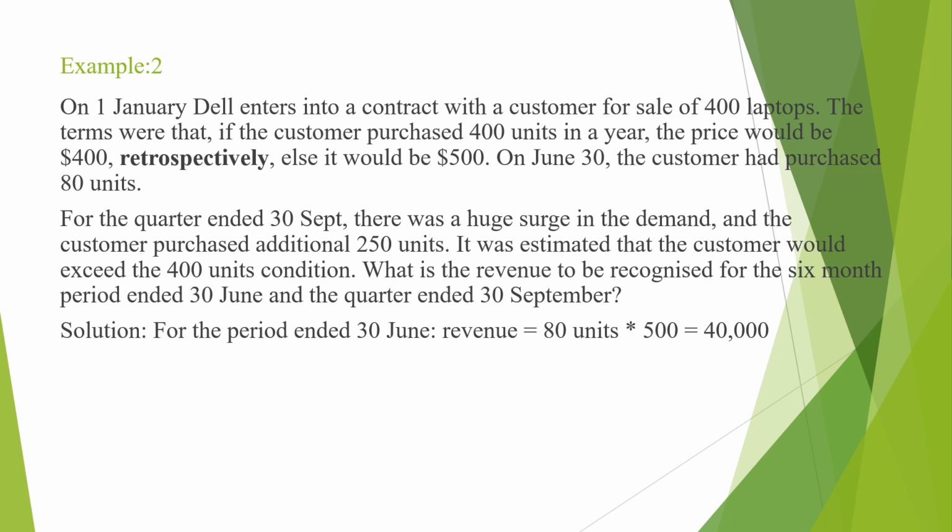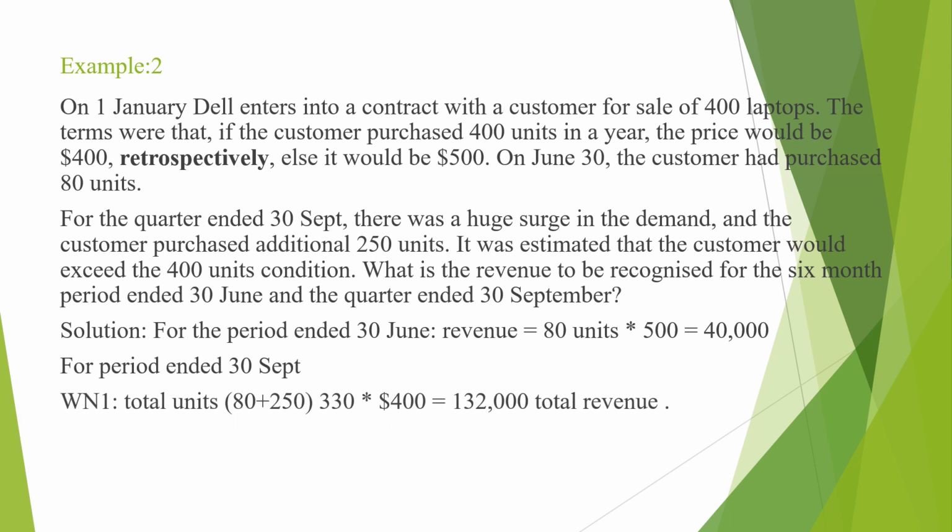Therefore, for the period ended 30th June, the 80 units which was sold, the revenue recognized would be at the rate of 500. So the revenue for the 6-month period, 30th June, would be 80 laptops multiplied by 500, that is 40,000, right?